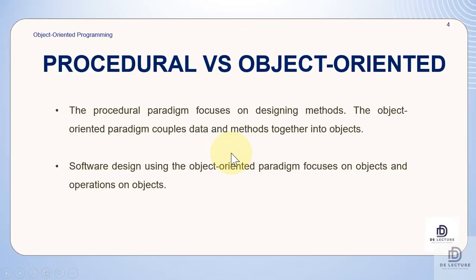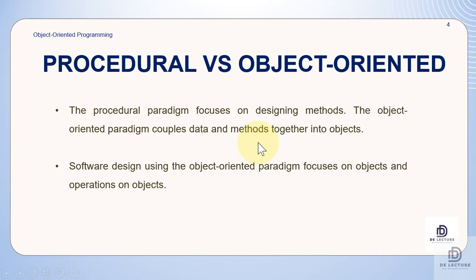Some of you may be from a procedural programming background, so let me give you a little insight into procedural versus object-oriented programming. The procedural paradigm focuses on designing methods, while the object-oriented paradigm couples data and methods together into objects.